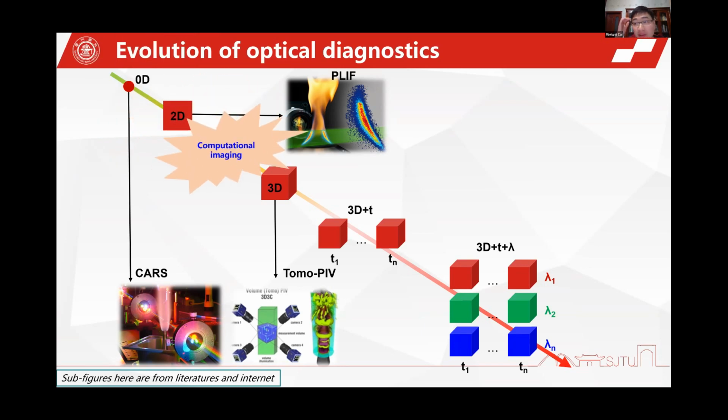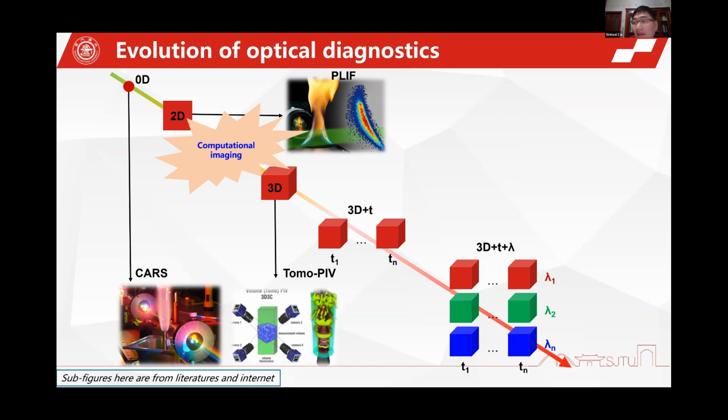The measurement sensors, the detectors we have, for example a camera, can only record 2-dimensional information. So if you want to get higher dimensional information, you need processing of the data you have. That's why we need computational imaging.